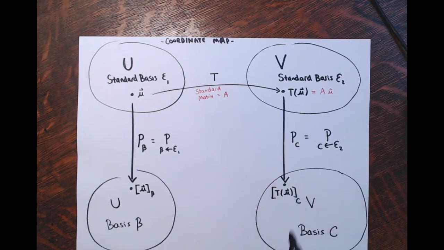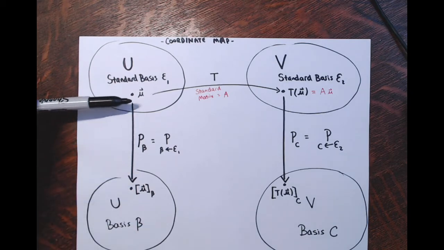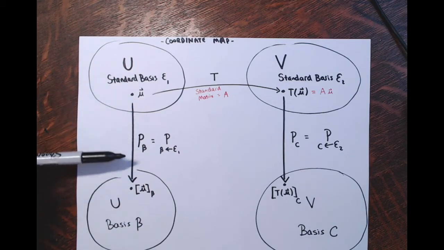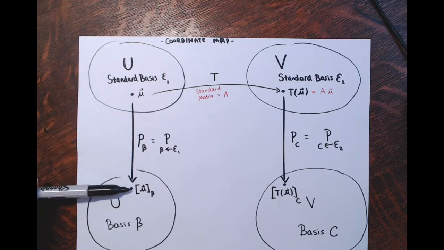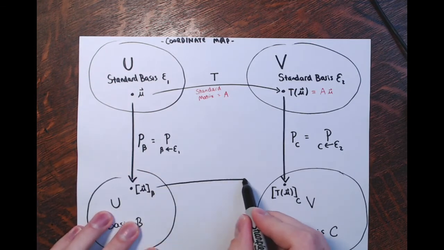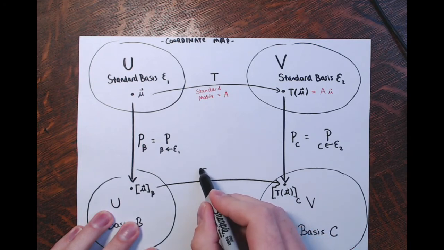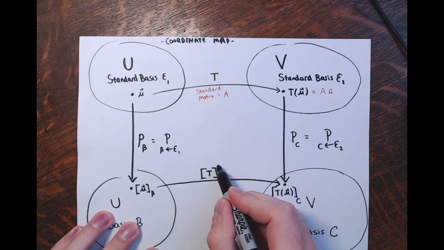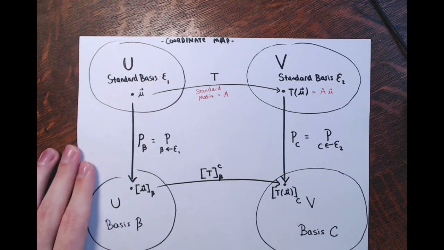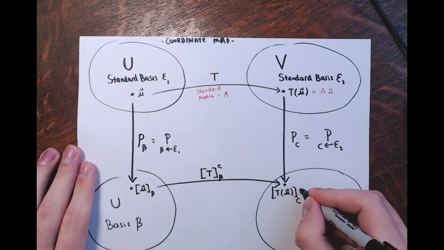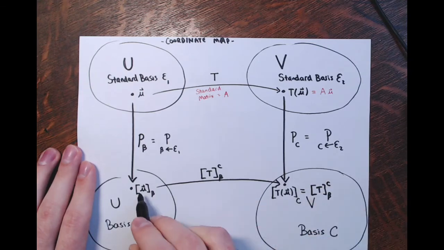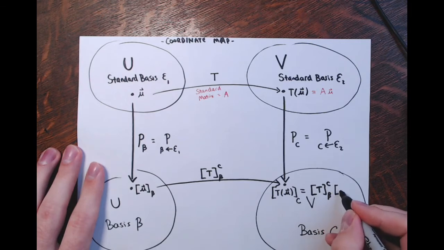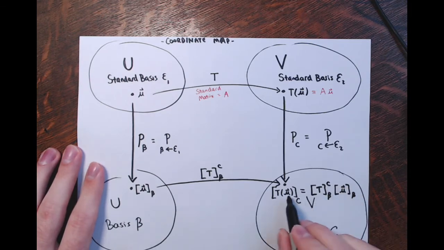Now I could get there another way as well. Remember we said this earlier. I start off in standard basis coordinates, I change it to basis B coordinates, and then I multiply by that matrix representation, T relative to B and C. And that gives me T relative to B and C: my matrix representation gets multiplied by the coordinates of the input relative to B. You saw this earlier.